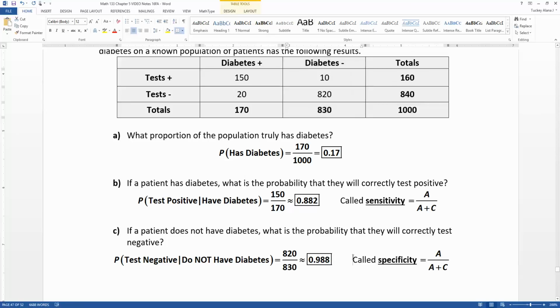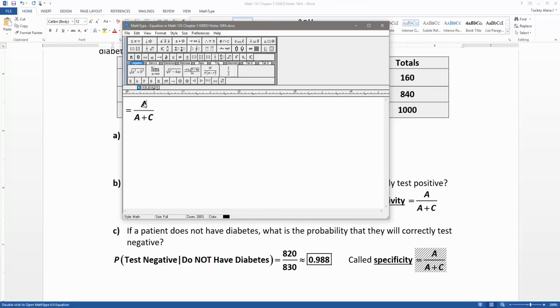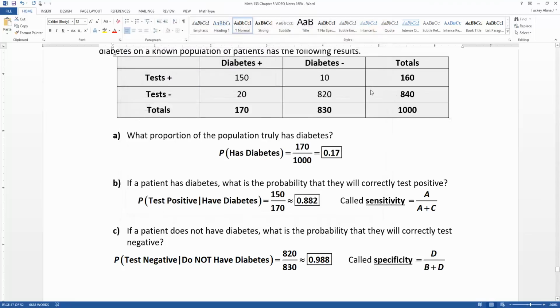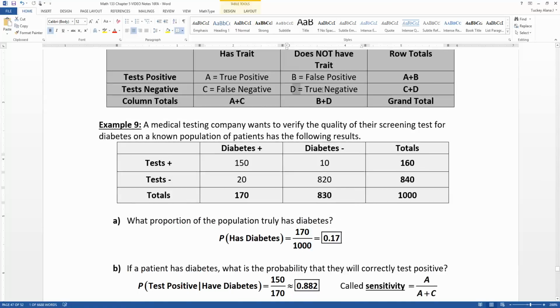That's called the specificity of the test. And it's found by taking letter D divided by B plus D. We took all of the people that do not truly have diabetes, that's B plus D, and we found the ones that test negative in that group. That's 820 divided by 830. In other words, the true negatives divided by the total for that column.